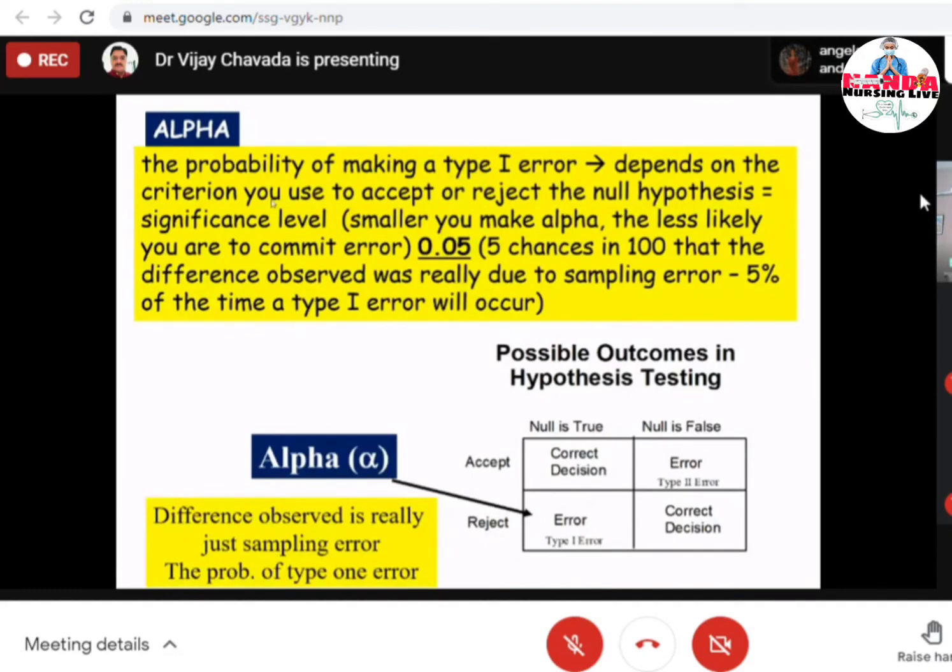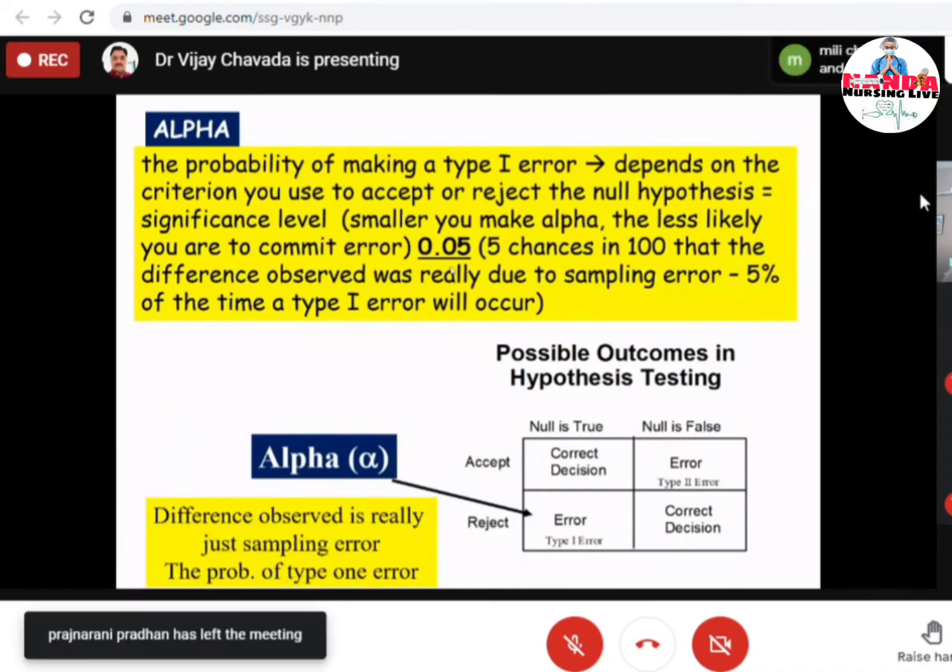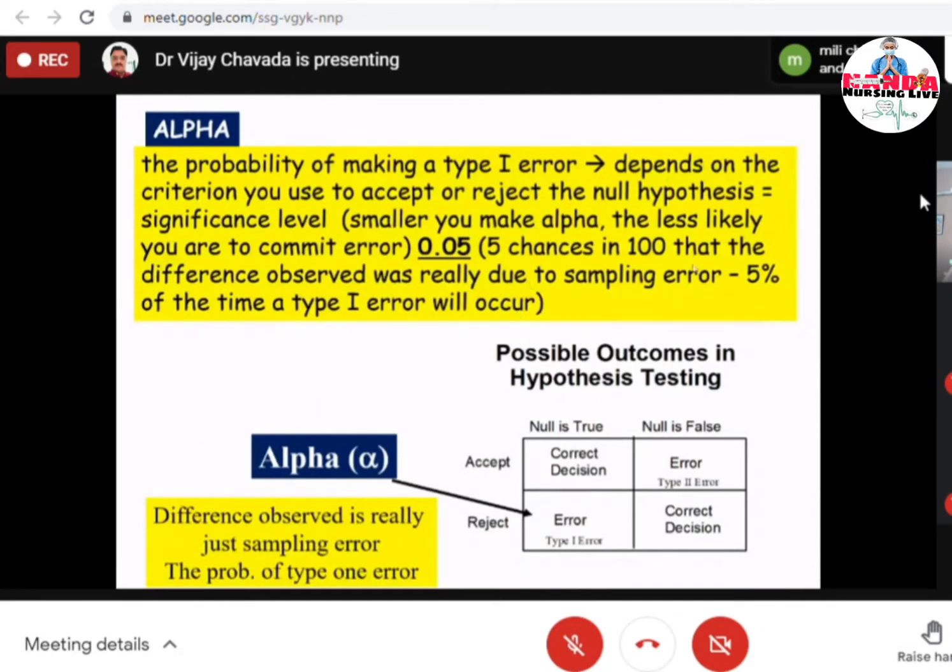This is the cutoff beyond which you will take the result as a real difference rather than by chance. So a 5% level is nothing but 0.05. A 5% level of type 1 error means 5 chances in 100 that the result was really due to sampling error.